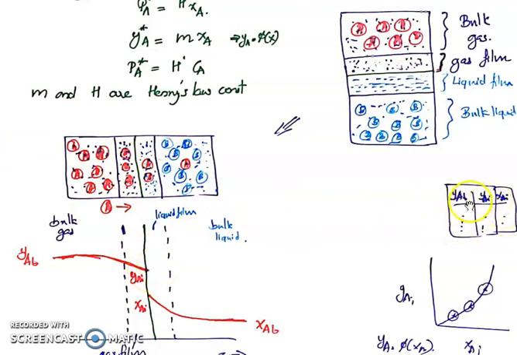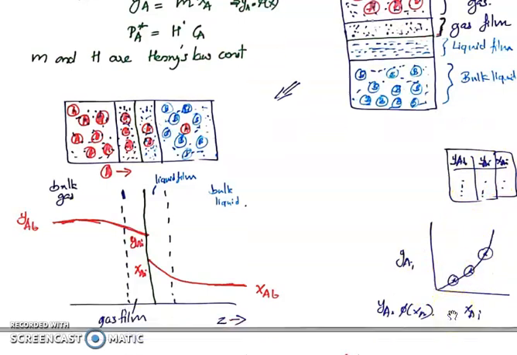So by increasing the number of experiments, I will get a lot of values for YAI and XAI. I can plot all these points and join them to get a relation between YAI and XAI. So any point in this graph will give you the corresponding interfacial concentration for the amount of A that was initially present.